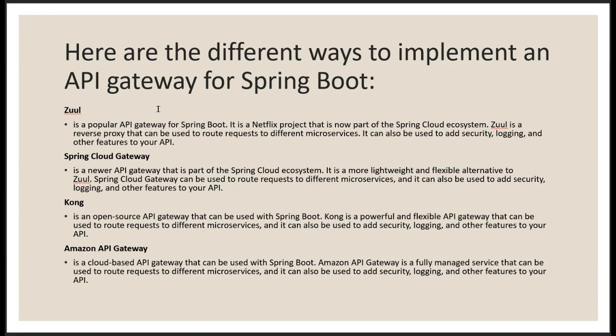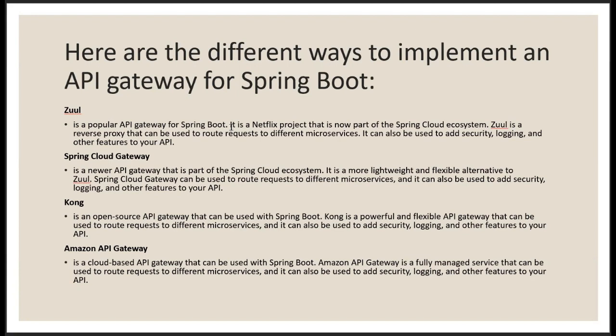And Amazon API Gateway is a cloud-based API gateway that can be used with Spring Boot, and it's a fully managed service that can be used to route requests to different microservices. It also supports logging, security, and other features. So these are the ways we can introduce an API gateway in our application.